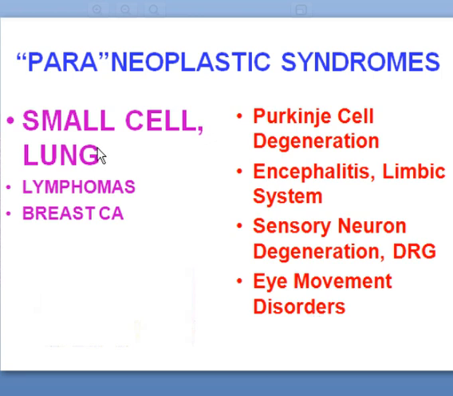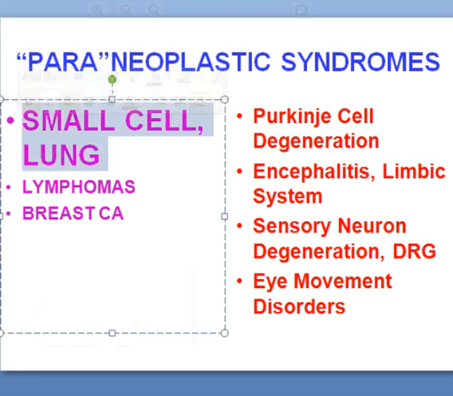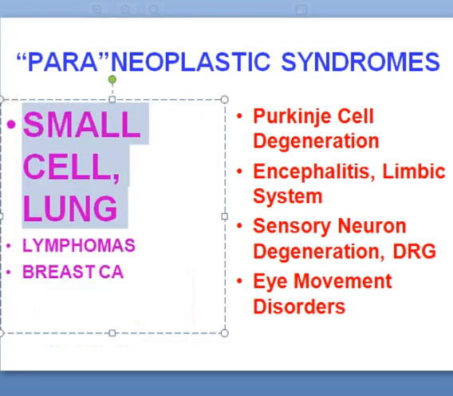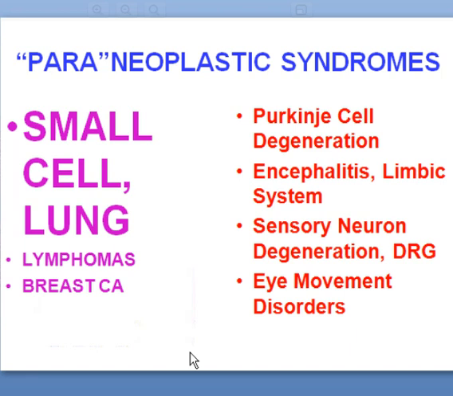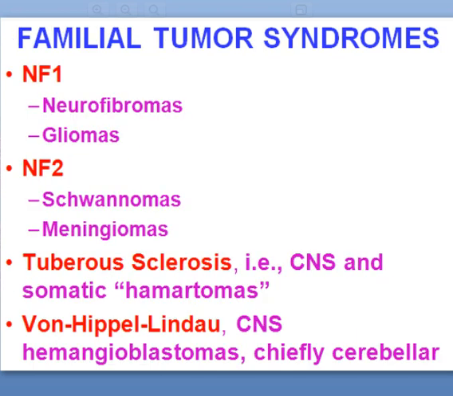Breast could be possible. But if you want to remember what the big one is, it's small cell carcinoma. And that's why I'm going to increase its font to an even bigger size, because the majority of patients with central nervous system paraneoplastic syndromes are probably small cell, but it could be a lymphoma, it could be a breast. Okay, last but not least, folks, here's your very last PowerPoint of your life from me.